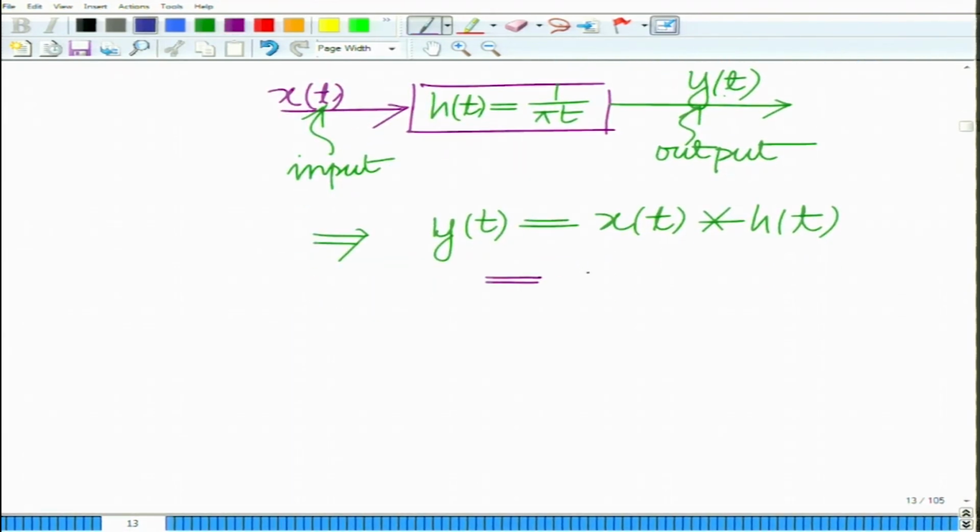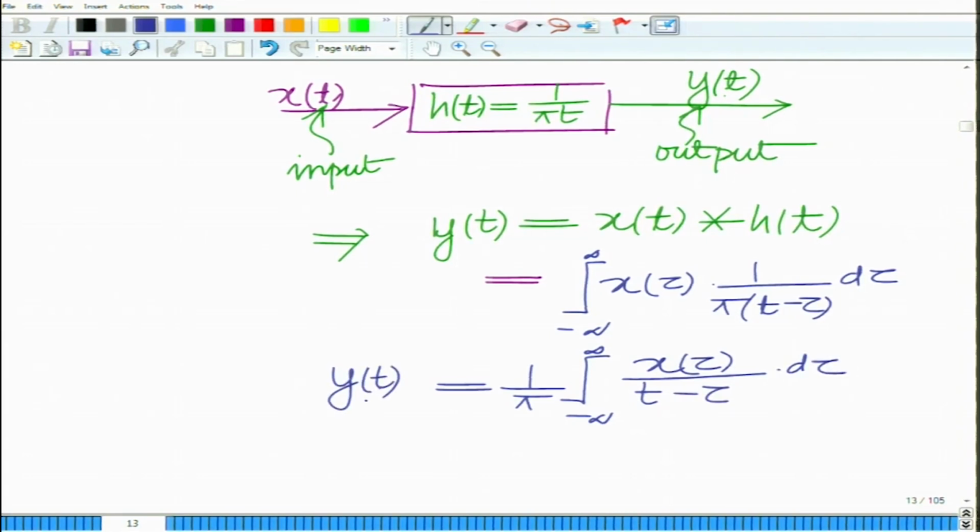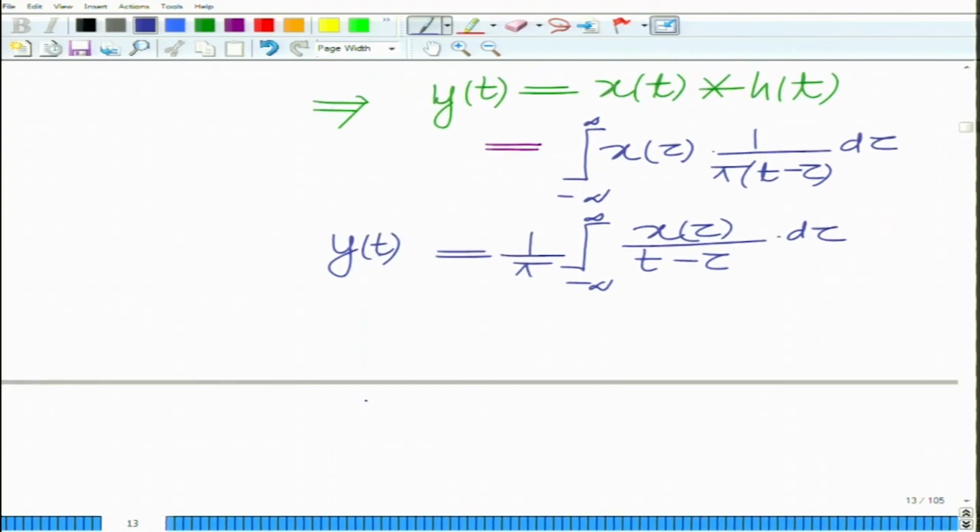Now we know the impulse response, so this is equal to the integral from minus infinity to infinity of x of tau times 1 over pi times t minus tau, d tau. Taking the constant 1 over pi outside, in the time domain this is 1 over pi times the integral from minus infinity to infinity of x of tau divided by t minus tau, d tau. Okay. This is the output of the Hilbert transformer.